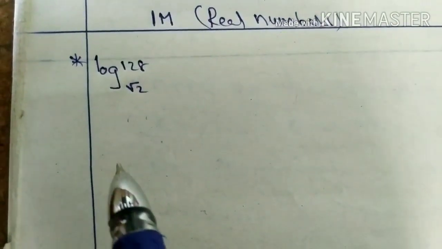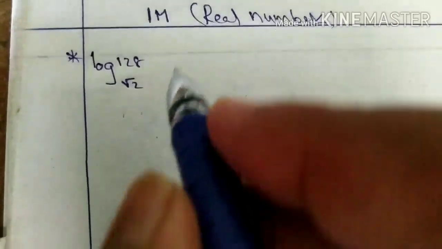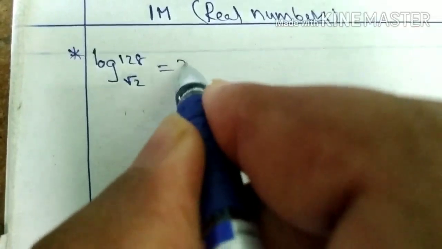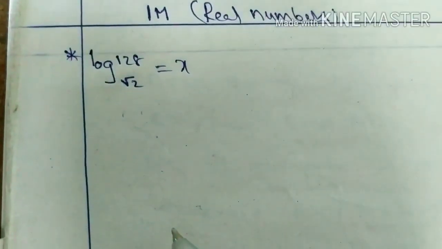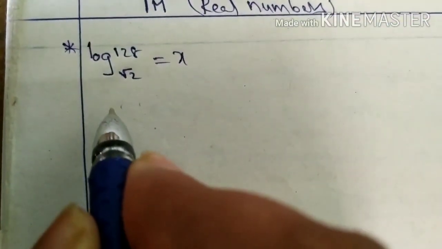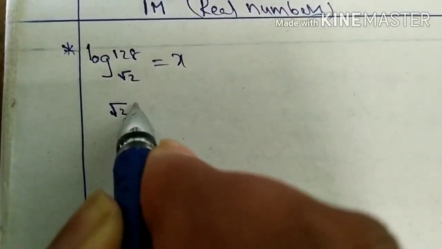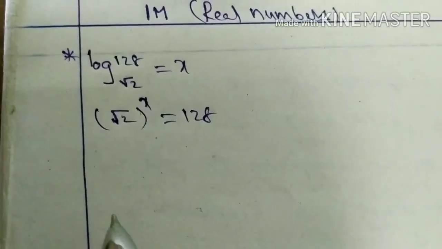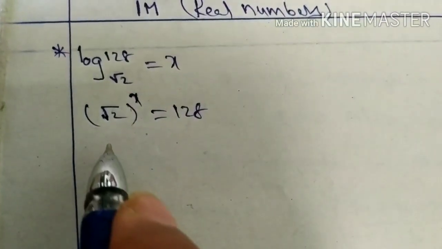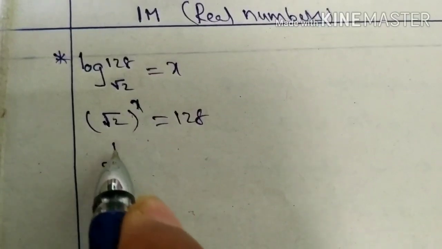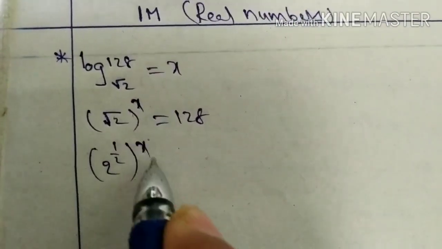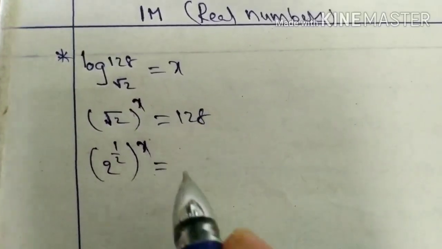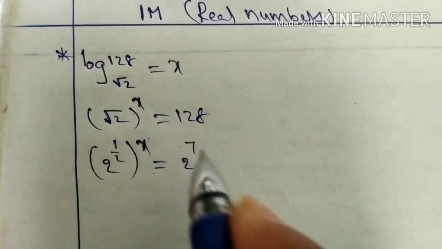Given the logarithm, let us take log 128 base root 2 is equal to some x. Now this is logarithmic form. Write in exponential form: root 2 power x is equal to 128. Root 2 is written as 2 to the power of 1 by 2, whole power x, is equal to 128. You can write 128 as 2 into 2 into 2 and so on, then you will get 2 to the power of 7.